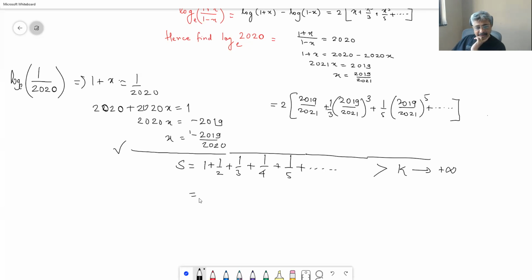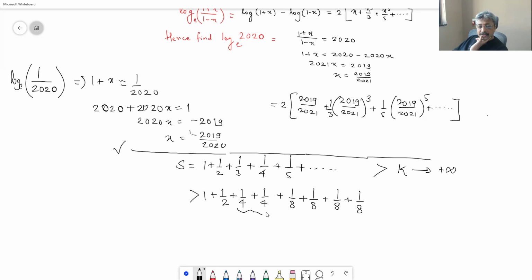We write it as 1 plus half. Now in place of 1/3, if I write 1/4, then S is greater than this number plus 1/4. For 1/4 I write 1/4. For 1/5 I write 1/8, for 1/6 I write 1/8, for 1/7 I write 1/8, for 1/8 I write 1/8.